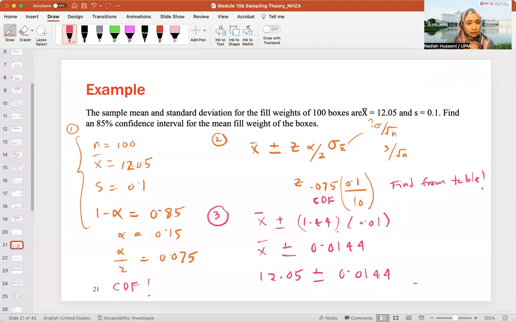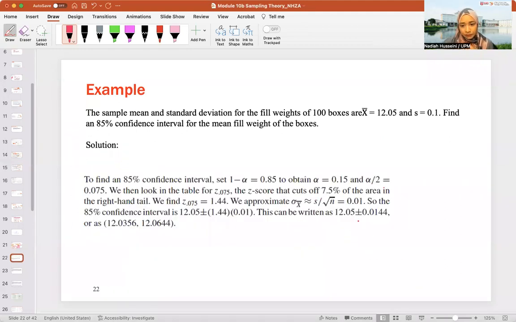So let's see if I did any mistakes or is it correct. It looks correct. You can write it like this, or in this form as well. So 12.05 plus 0.0144 will be your upper confidence limit, and 12.05 minus 0.0144 will be your lower.